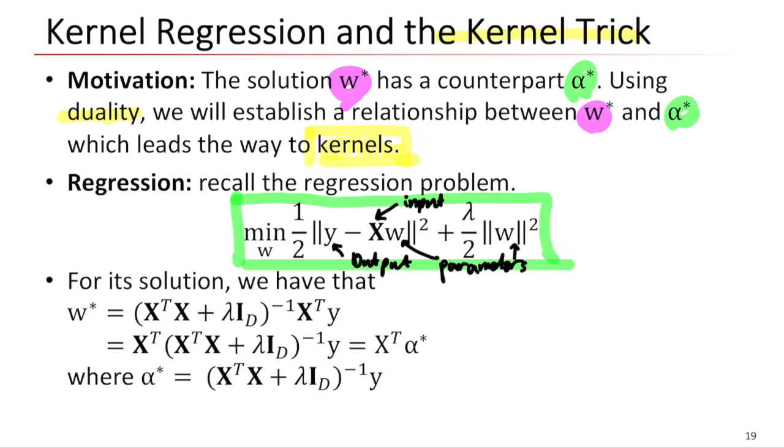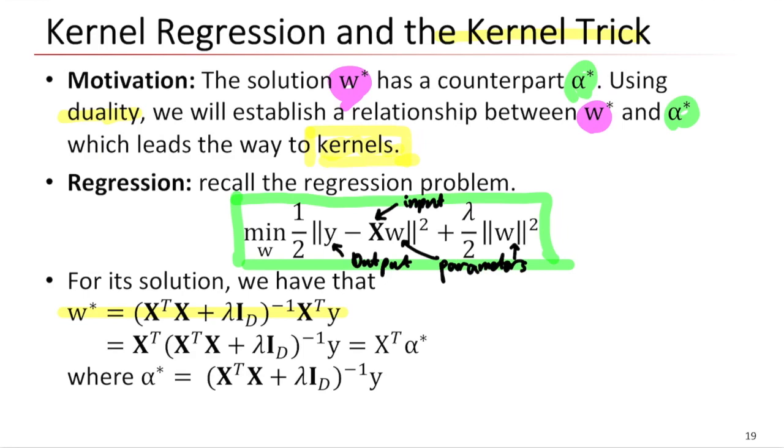How can you solve this? There are two kinds of solutions. The first one is the gradient descent algorithm. The second one is the closed-form solution. In this case, let's think about the closed-form solution, because this is a quadratic function. For the solution, we have something like this. If you don't know what it is, please go back to our lecture 3 for the regression problem.